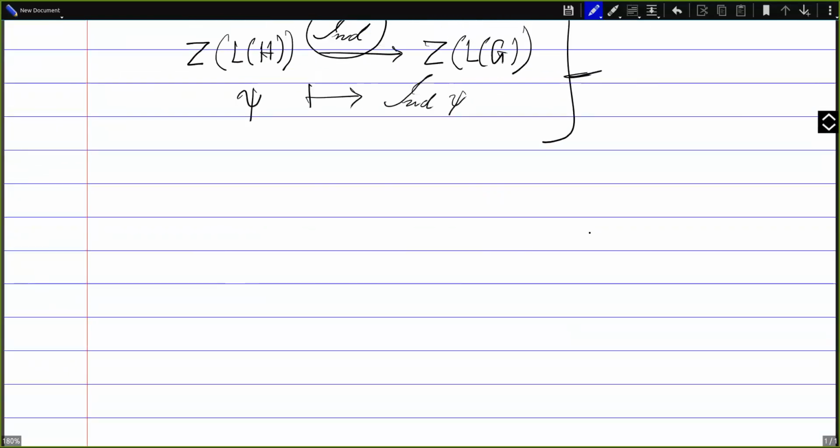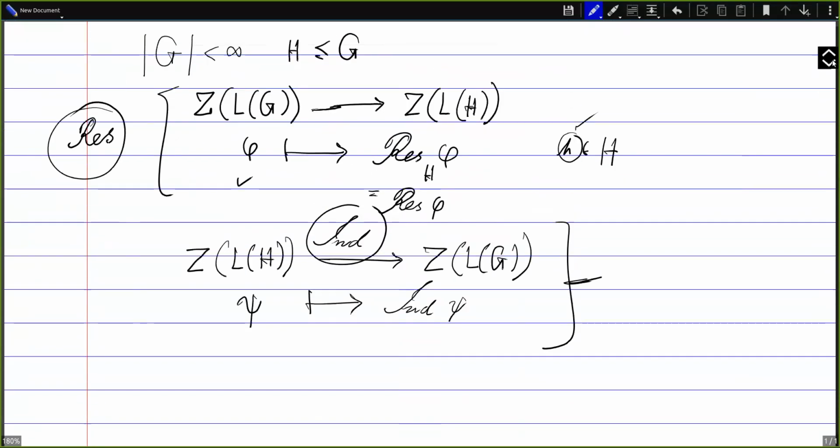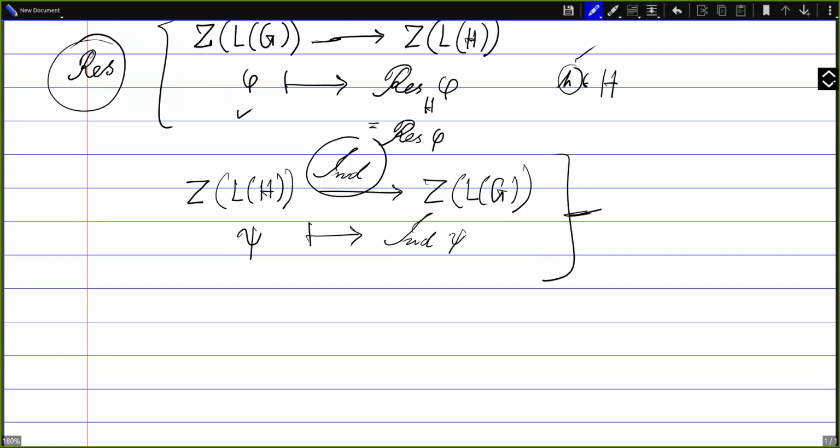This terminology adjoint has been borrowed from inner product spaces. In general the scenario is the following: suppose I have two inner product spaces V and W, I have a map A and I have a map B. Then we have the notion of adjointness of these two maps.